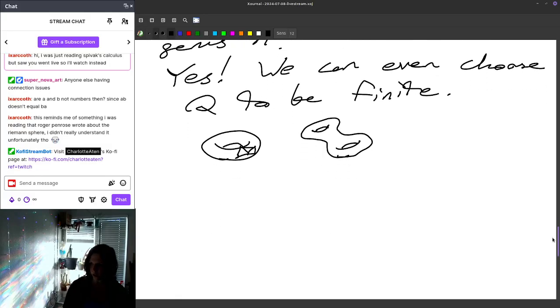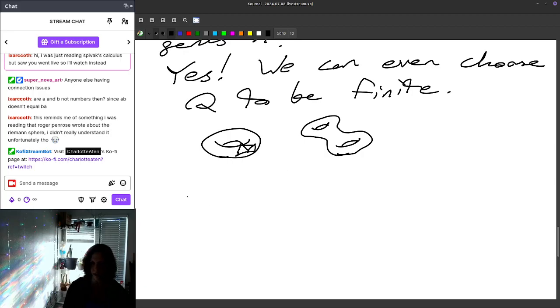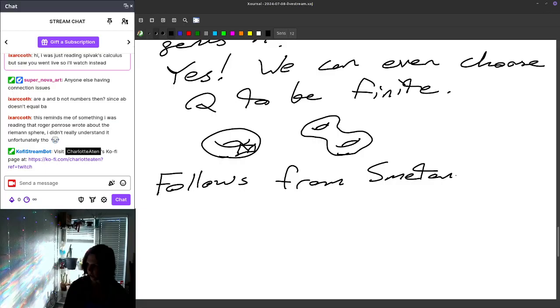And fortunately, other than interpreting the result in our context, there's not too much to do here as far as a proof, because this follows from, I'm sure I'm going to pronounce this incorrectly, Smetaniak's theorem.